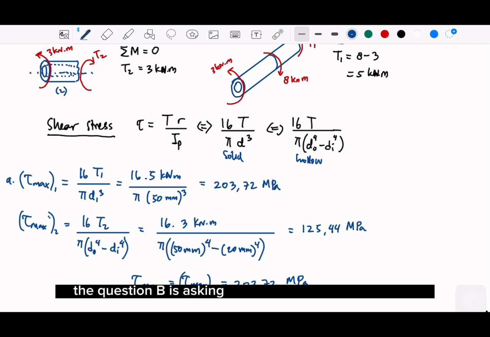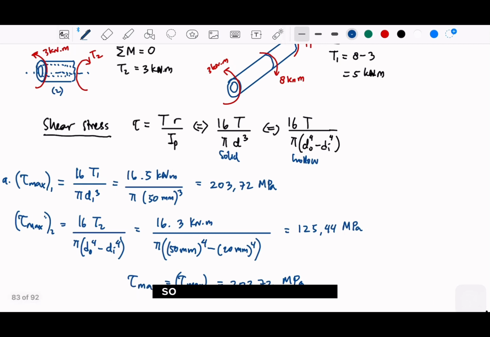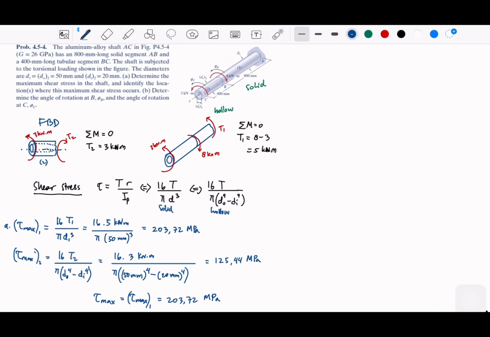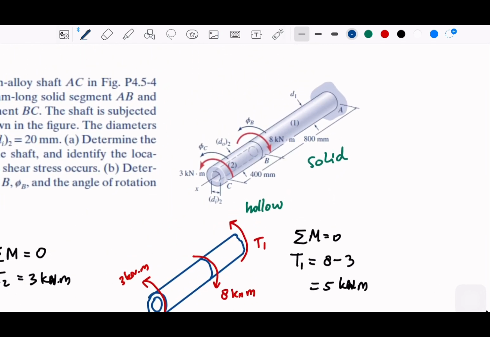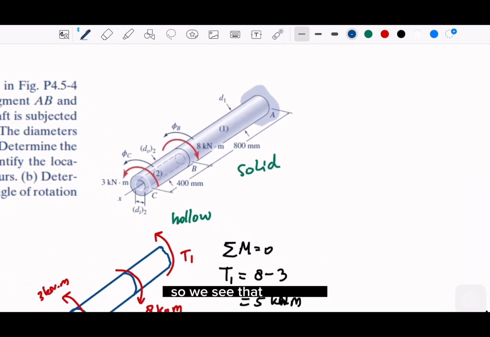The question B is asking the displacement or the angle deformation. So the angle deformation, let's just see for a while here. So we see that we have the angle B and angle C, right? So we have two materials, 1 and 2.